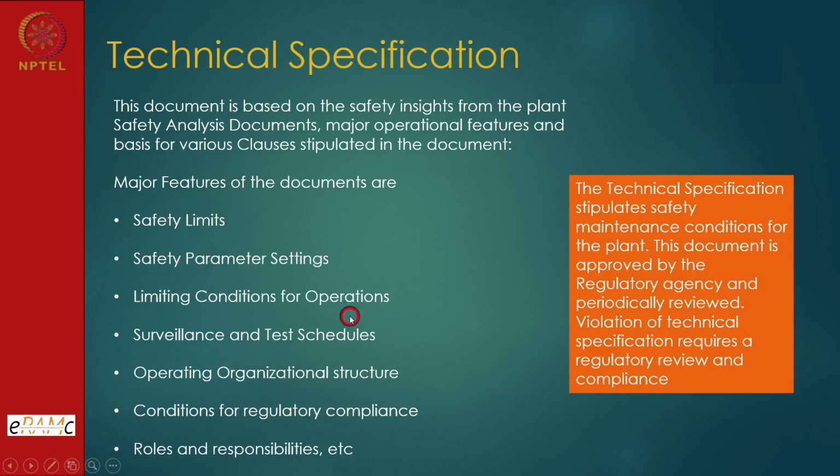Limiting conditions for operation, these are the conditions: if something happens and the safety margin appears to be compromised, then action should be taken. Surveillance and test schedules, and then operating organizational structure, conditions for regulatory compliance, and roles or responsibilities.